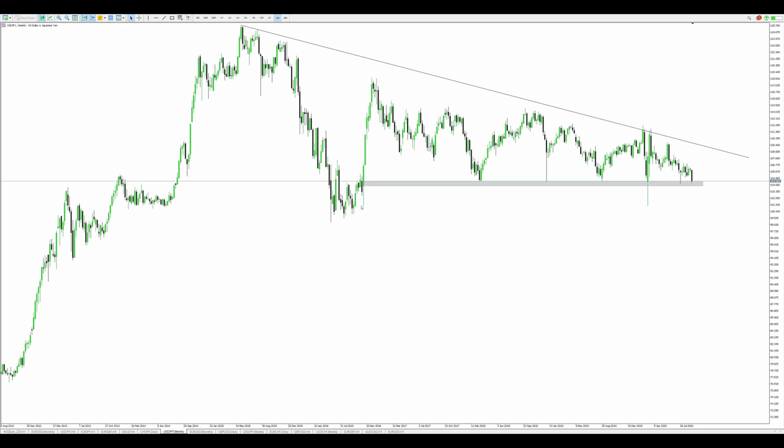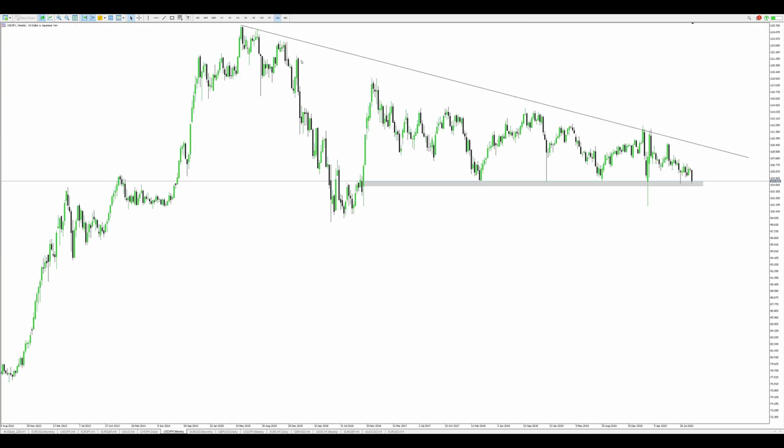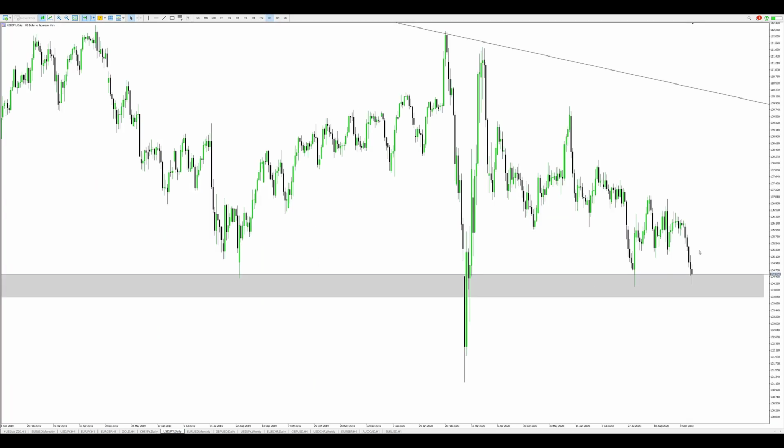But remember, this has to be supported by what dollar index is doing. If we do see dollar trading back into 93.40, then expect the yen to trade back into these old lows here, meaning it would have found support here.